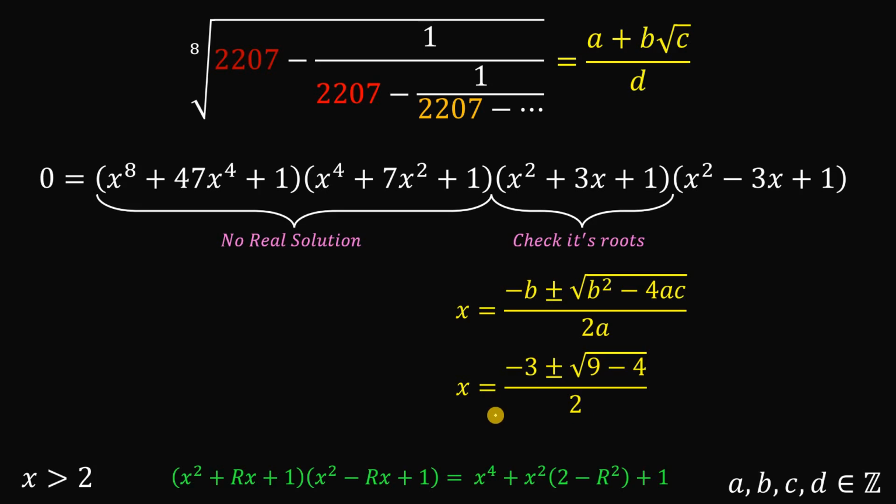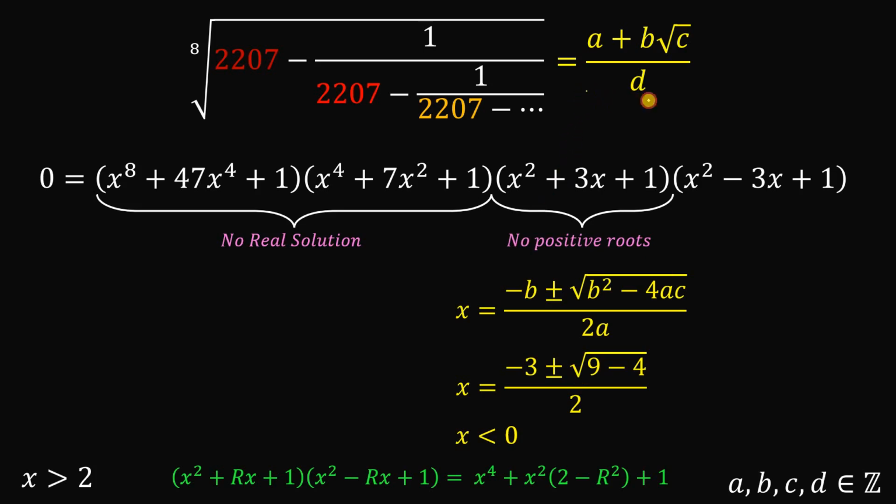Now, as you can see, the value of x is always a negative number because negative 3 plus square root of 5, square root of 5 is 2 point something, so negative 3 plus 2 point something is a negative number. And negative 3 minus square root of 5 all over 2 is technically a negative number. Therefore, the roots of this quadratic equation are always less than 0. So we don't have any positive roots in this factor.